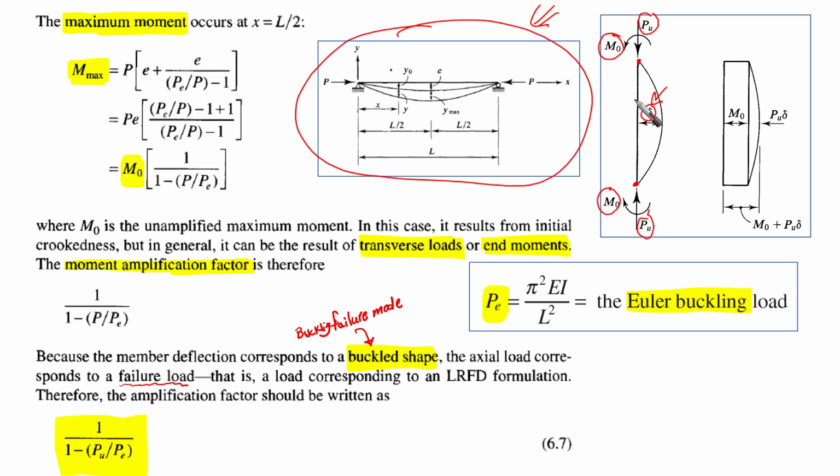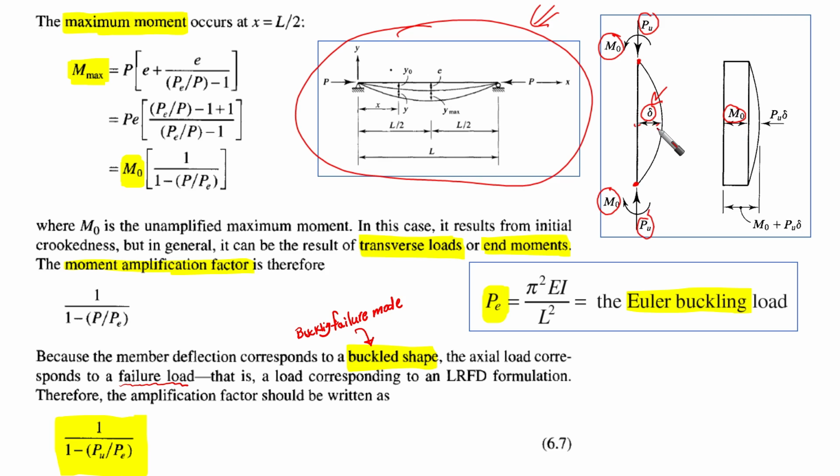Due to these end conditions and the loading applied on the element, we have the moment M node, which is constant along this element. However, this P delta effect is going to increase the moment at different sections along this element, and the maximum contribution is at the middle.